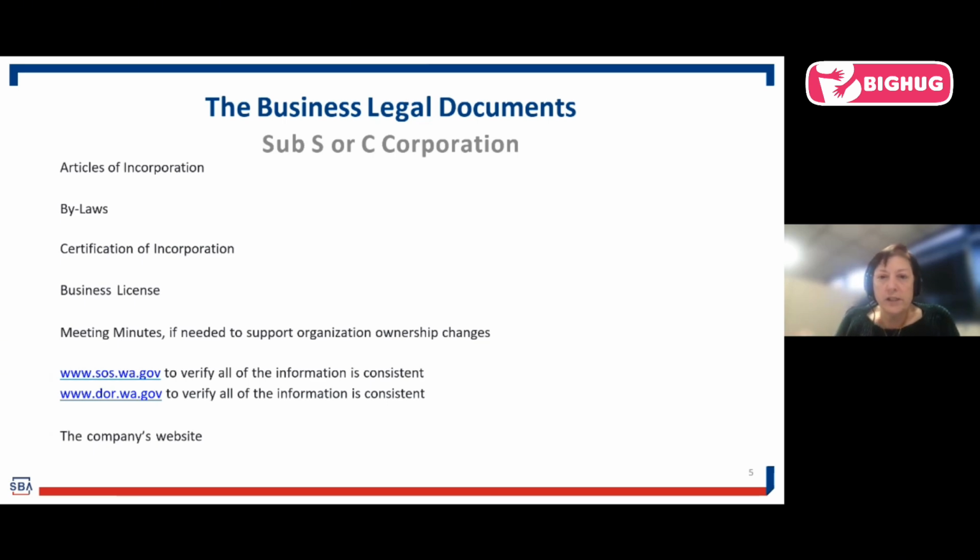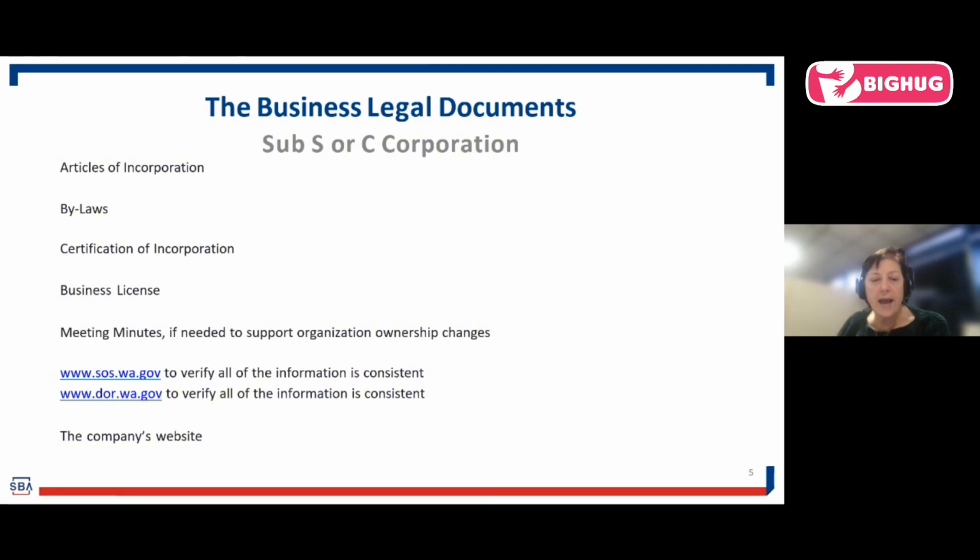But the lenders want to see the bylaws, because the bylaws tell them who is responsible for pledging collateral on behalf of the business? Who is authorized to sign on behalf of the business to indebt the company? Meaning who can borrow. And so it also tells how many people are required to sign loan documents to indebt the company and pledge collateral. So these are really important aspects of your organization that are not necessarily covered in the articles of incorporation.